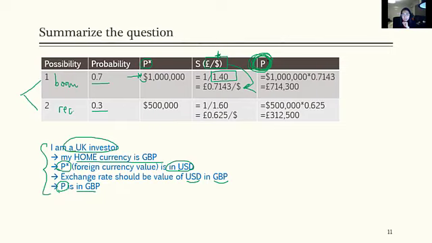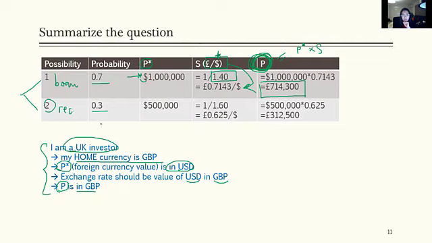This is given by the foreign value, which is P star, times the exchange rate pound over dollar. So if I do so, I will work out that in the boom time, the pound value of the asset is about 700,000 pounds.